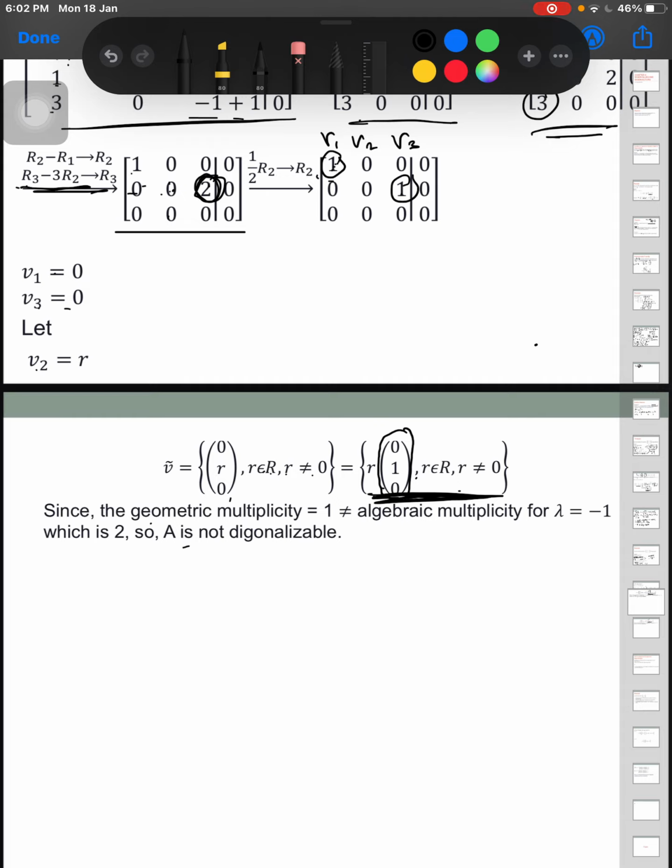Okay, so why? The reason is that to form matrix P, it is 3 by 3. So this matrix P also must be 3 by 3. But for matrix P, we form it using the eigenvectors. Okay, so here we have 1, 0, 1, 0.